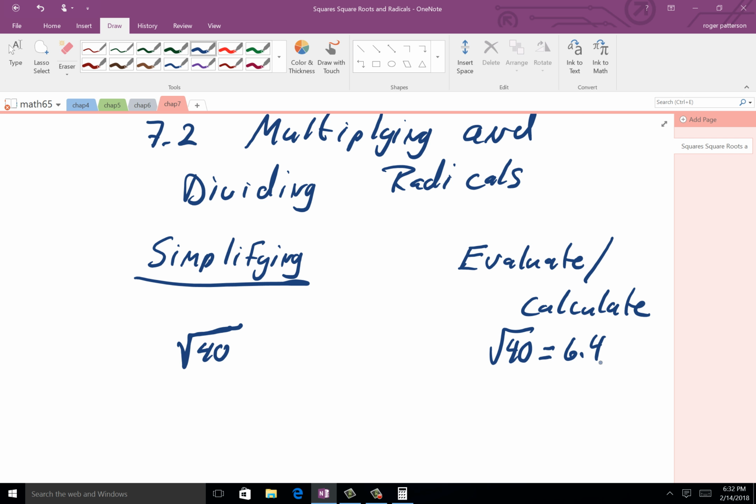So just to review, we had 1, 4, 9, 16, 25, 36, 49, 64, 81, 100, and so forth. What is the largest of these numbers that goes into 40 evenly?